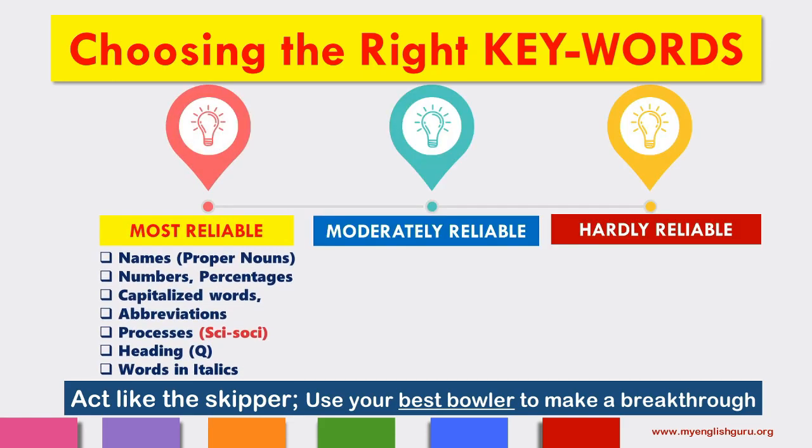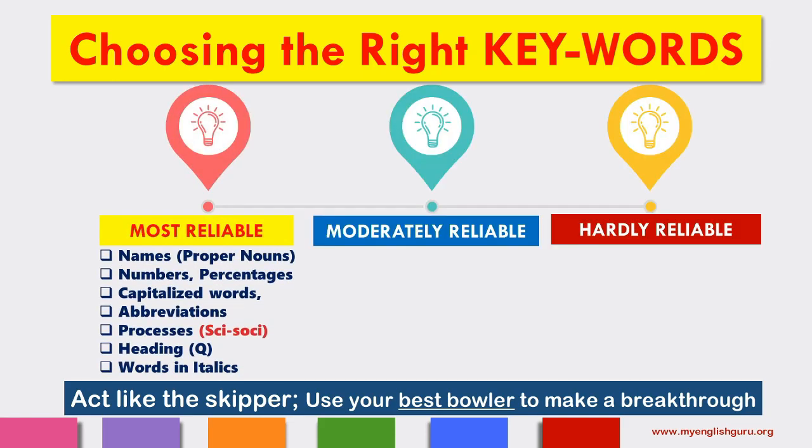Now, choosing the right keywords, I mentioned before in my previous video, but just a quick snap today. Most reliable keywords are always names of persons, places, things, etc., numbers, percentages, but not 50% or 100%, because 50% can be replaced with half and 100% can be replaced with all.